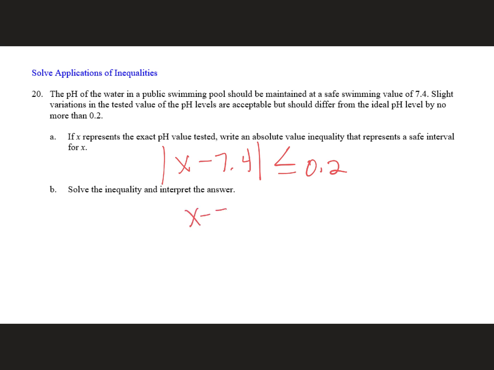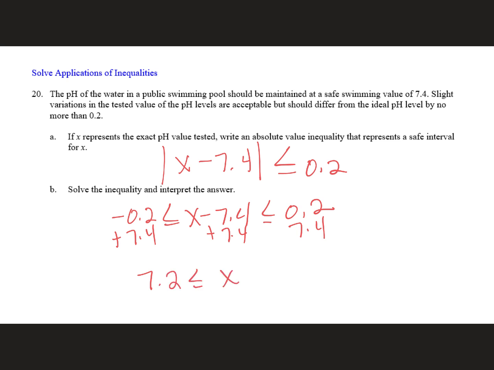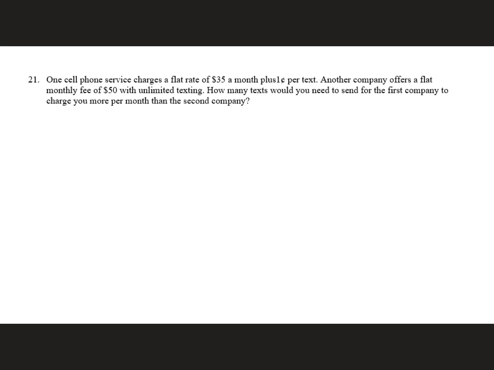So X minus 7.4 has to be between negative 0.2 and positive 0.2. And so to get my answer, I'm going to add 7.4. And so I get 7.2 is less than or equal to X is less than or equal to 7.6. So my interval that the test needs to fall in is 7 and 2/10 and 7 and 6/10.